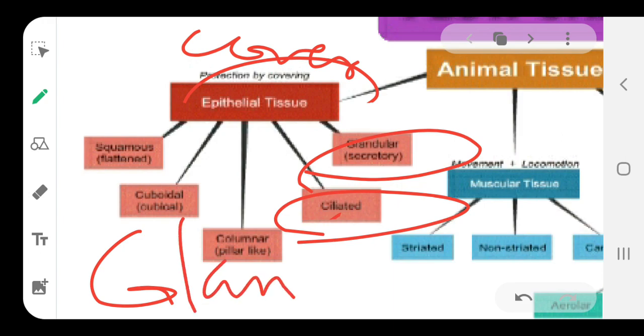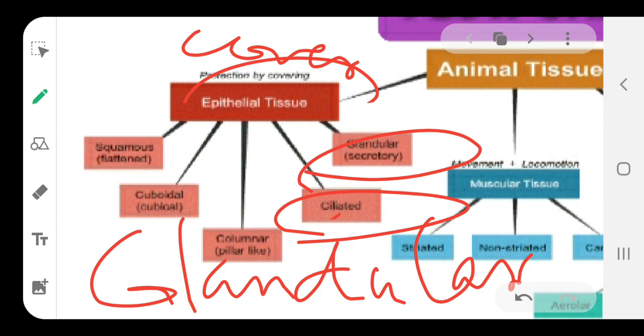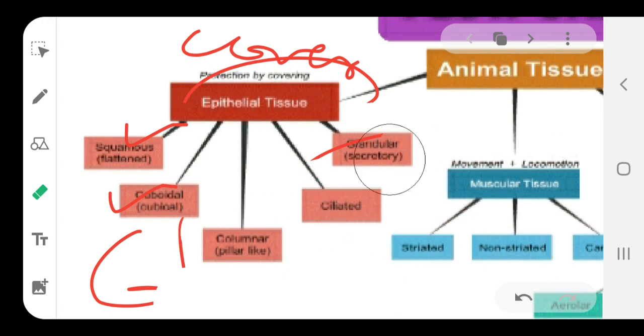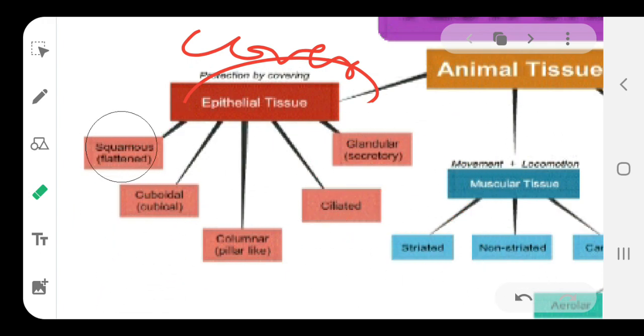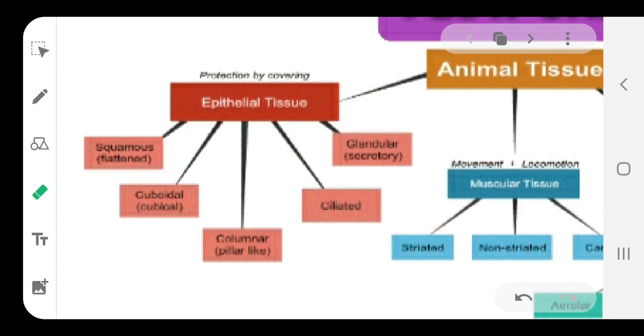These are some types of epithelial tissue: squamous, cuboidal, columnar, ciliated and glandular. Make sure you know these names, because when we study them in detail, you should know which type of tissue is which.